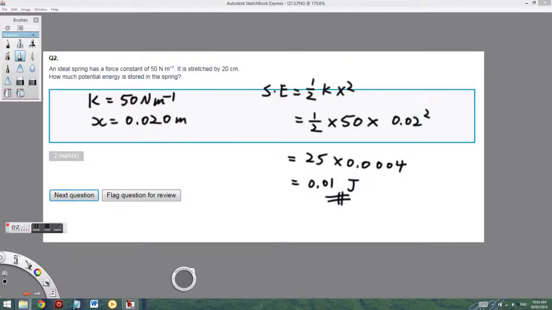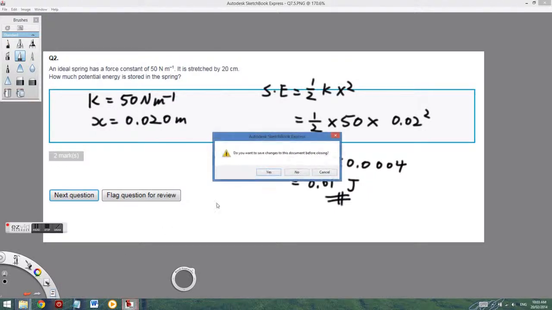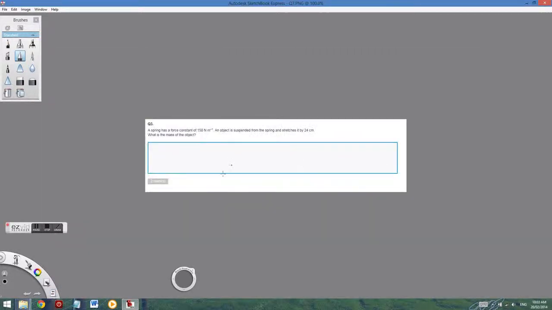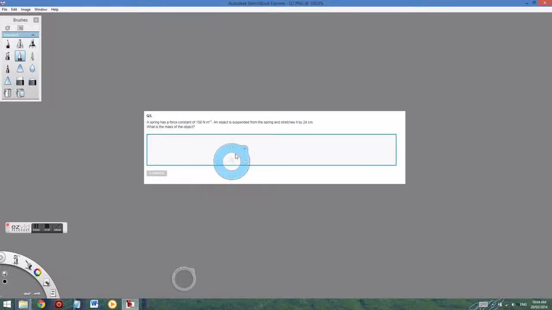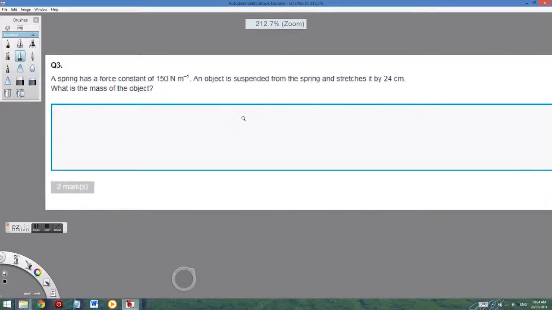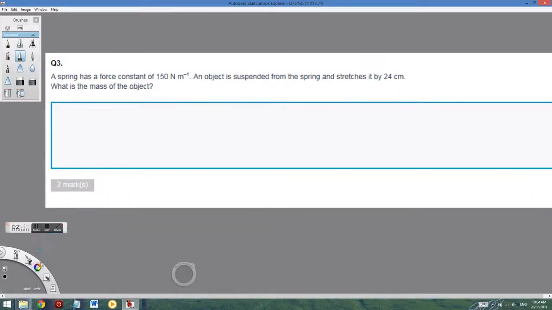Now let's go to the next question. We have a spring with a spring constant, that's k, and convert it to meters.